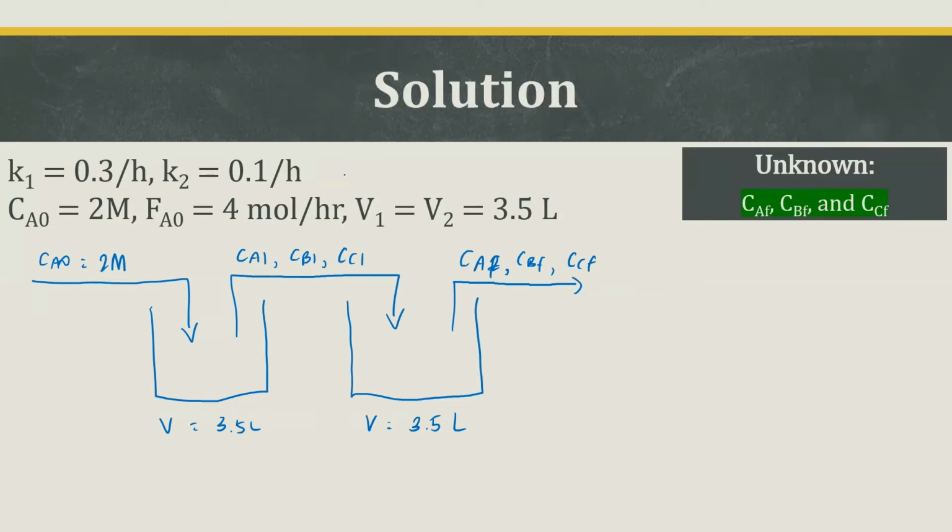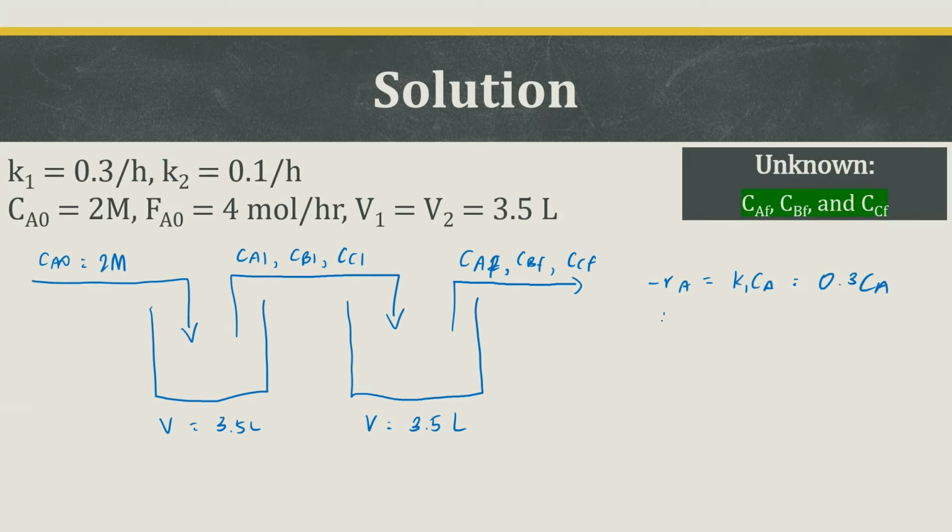First, let's write the rate law for each species in the reaction. For A, since we have a unit of per hour for k1, that means the reaction is first order. The rate of disappearance of A is simply k1 CA, or 0.3 CA.